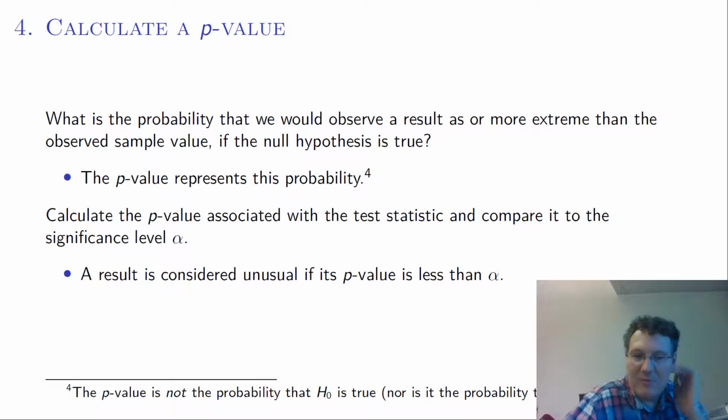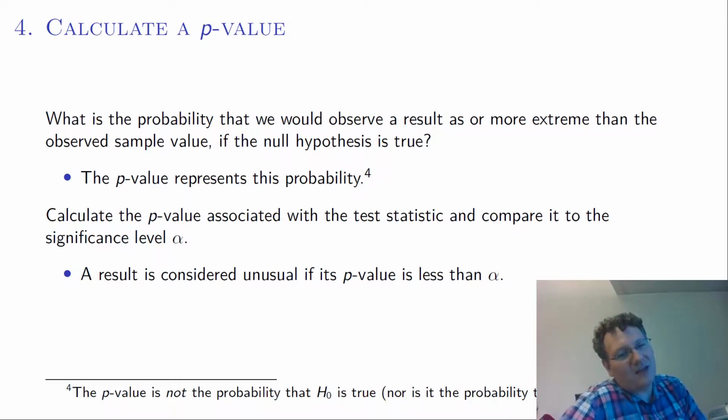It's important to remember that the p-value is not the probability that the null hypothesis is true. That's not it. It's how likely is the data that we got under the null hypothesis. The null hypothesis is either true or false.